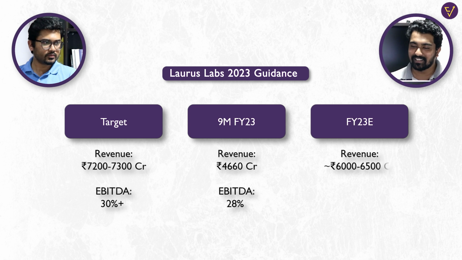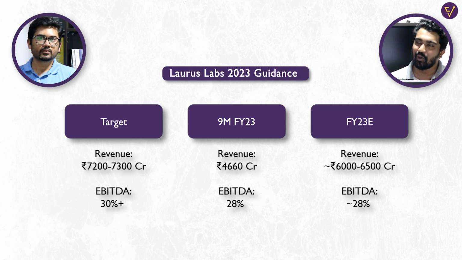So the company has said that we are not going to be able to achieve that. The valuations for Laurus were pricing in 7,200, 7,300 crores of revenue with 30% plus EBITDA margins. When the management said that they are not going to be able to do it, the stock was punished for not living up to the expectations.